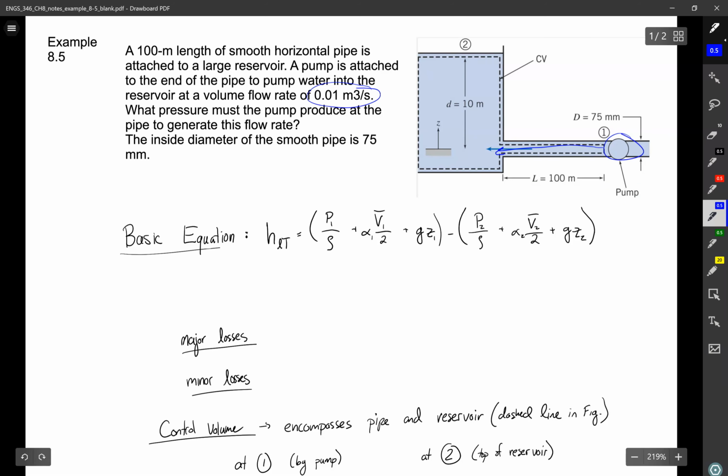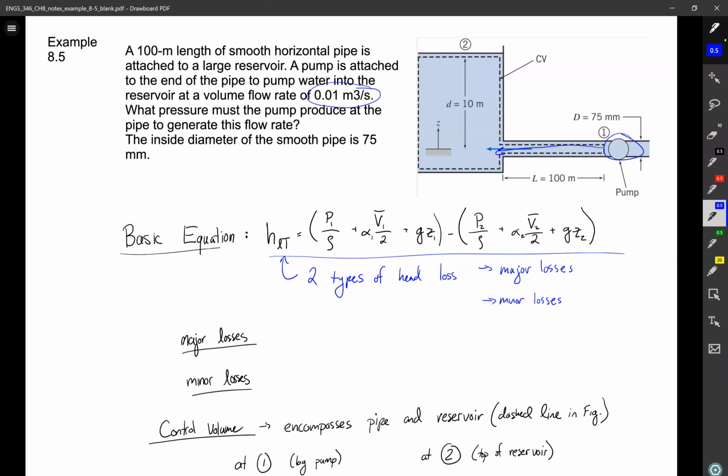The basic equation that we're going to be looking at is here, and we're going to be looking at two different types of head loss. The head loss that we're looking at is, of course, major losses, which is flow down the pipe itself, and minor losses, which are caused by things that are not straight sections of pipe.